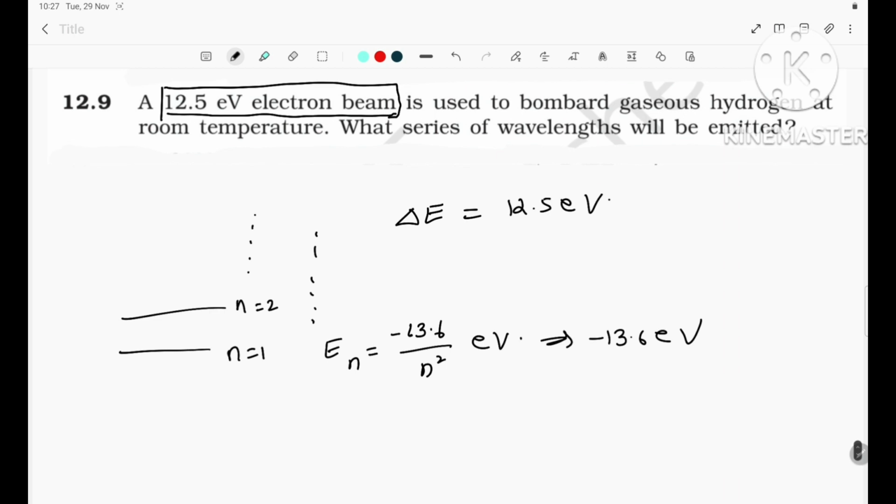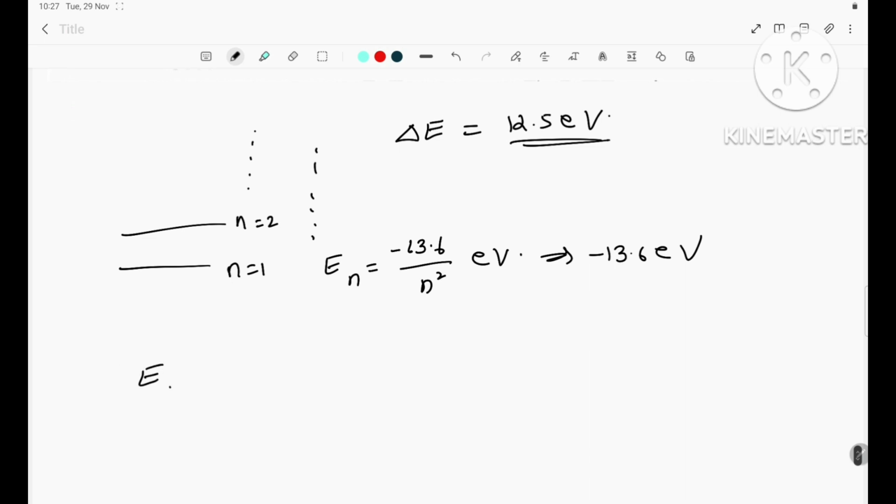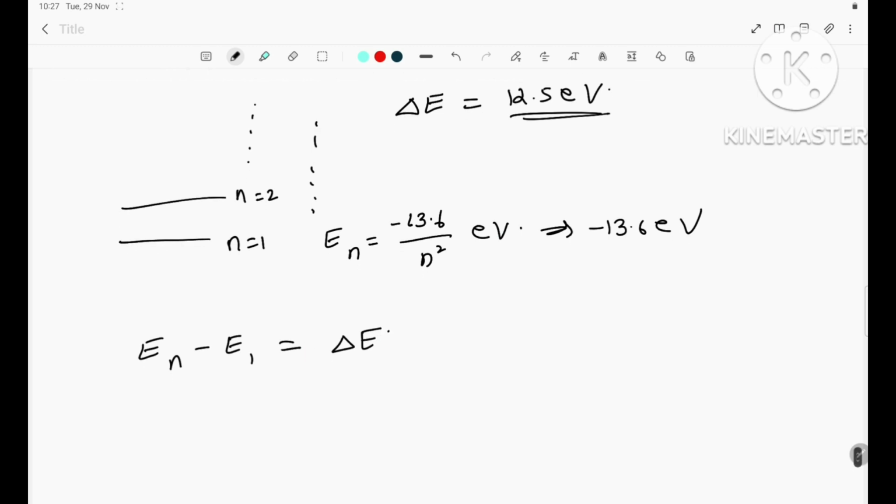In that case you have En minus E1. Let us say the difference is delta E. So the maximum orbit that is permissible is the nth orbit. We need to calculate the energy of the nth orbit, and whatever is below that energy, every spectral series will be visible, right?